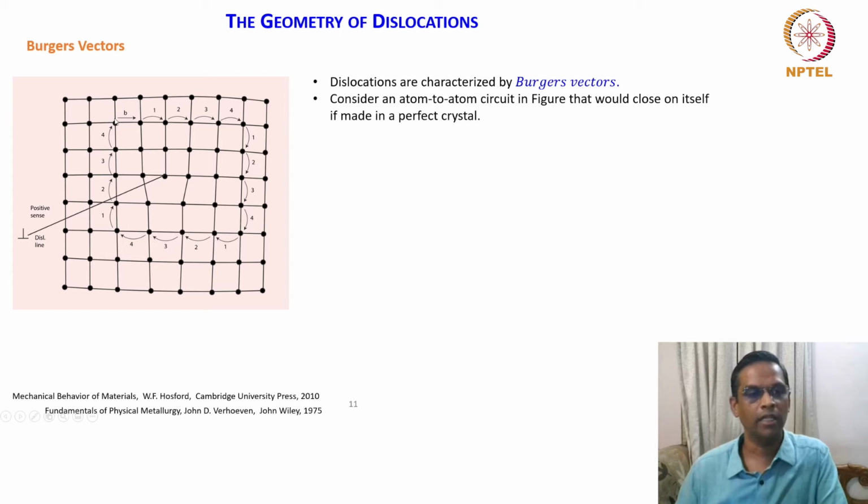That's it. And then this particular gap, it is failing to close. So that is a defect, right? That is a measure of defect, which here is a Burgers vector or closure failure gap, whatever you may call it. So if you do the same thing in a perfect crystal, it will close. If it is around the dislocation, it will not close.